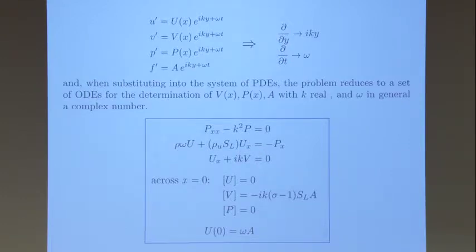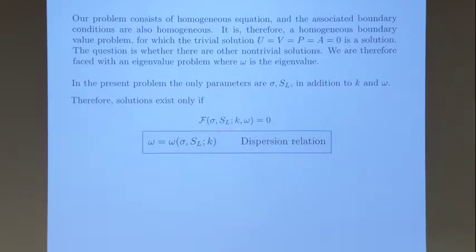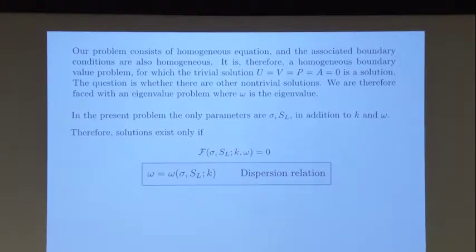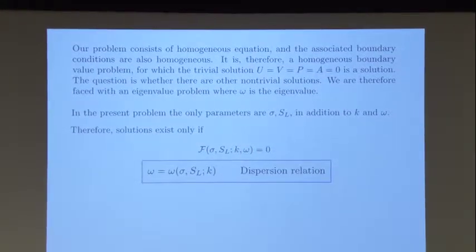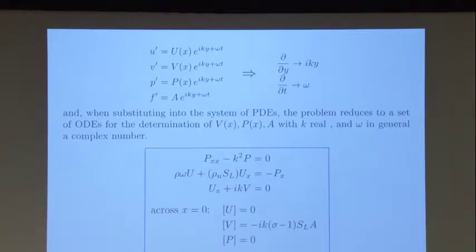If solutions exist, they will exist only if omega takes a special form. In other words, there will be a functional dependence between the parameters in the problem, the wave number, and the growth rate omega.